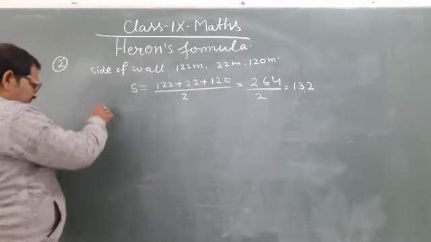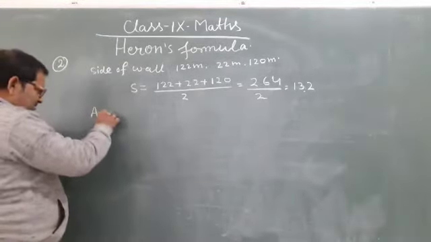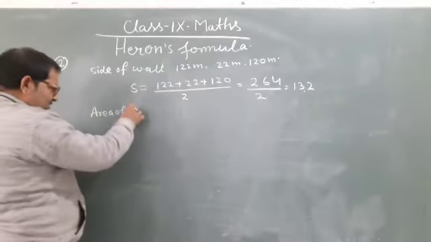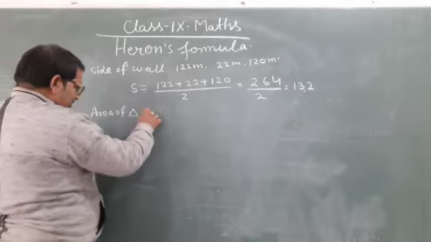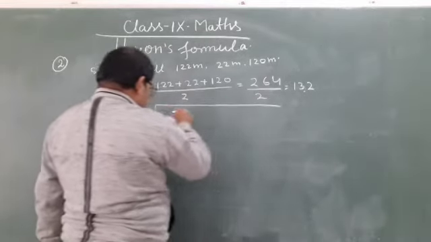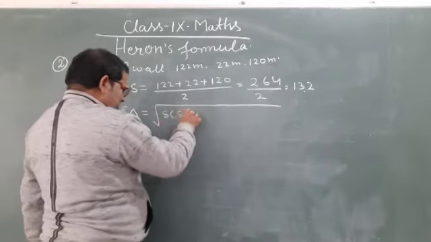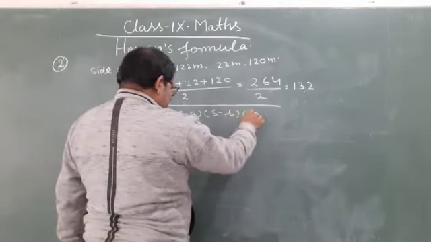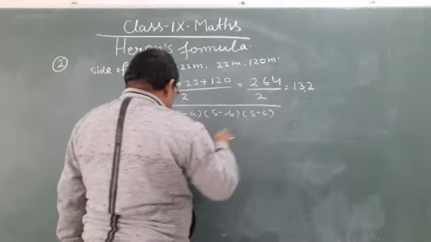So area of triangle equal to under root S into S minus A, S minus B and S minus C.